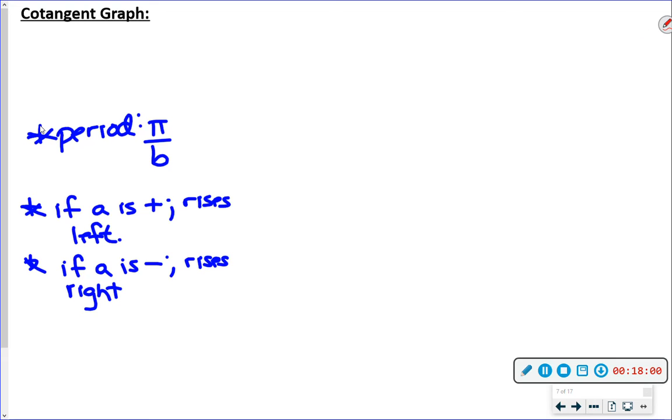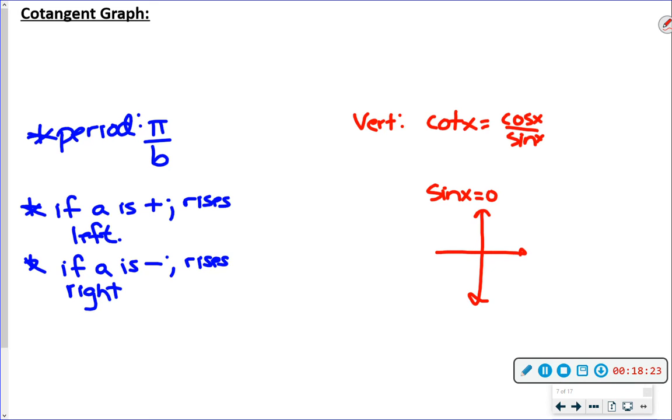They are vertical asymptotes, just again, because this is really a fraction in disguise. Cotan, of course, is cosine over sine. We know our identities, right? And of course, we have asymptotes when the denominator equals 0. And remember, sine is 0 on the left and right points on your unit circle.